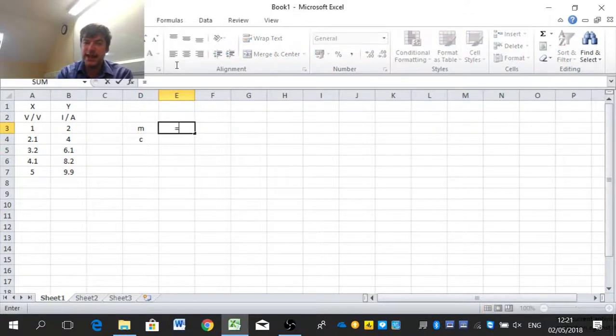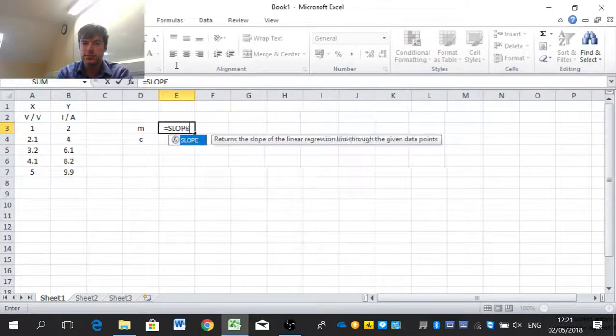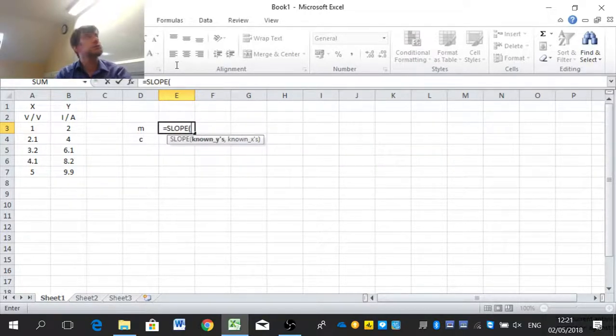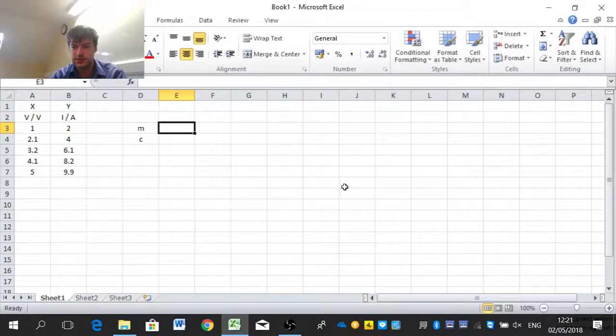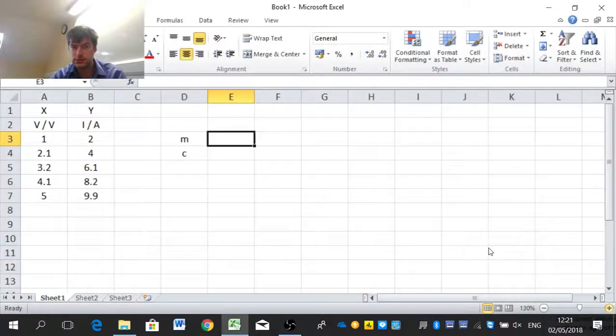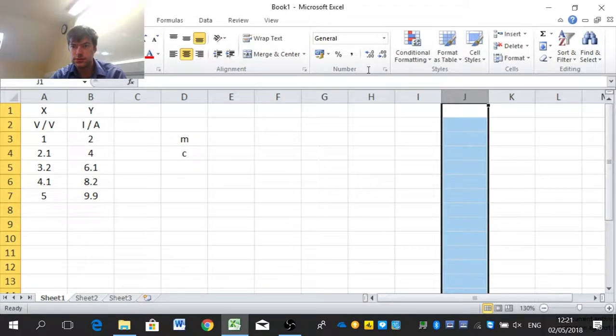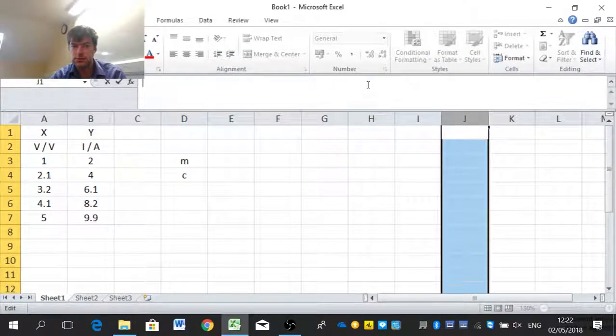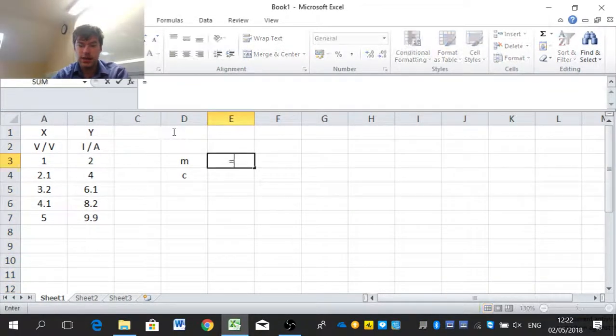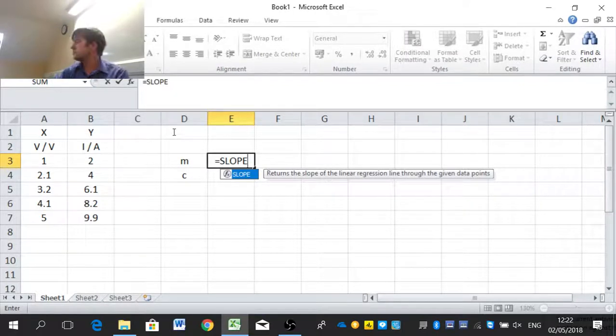The way to get the m is you type in this function: equals slope, S-L-O-P-E, bracket. Oh, you can't quite see. Let me zoom in for you. It should be in capitals.